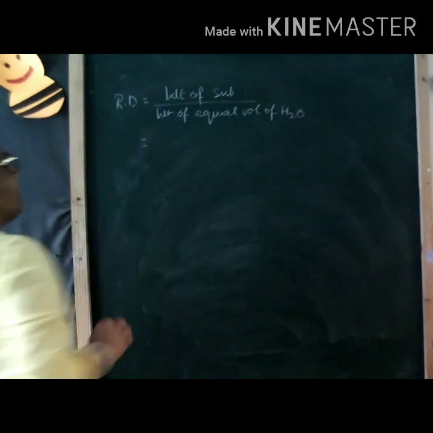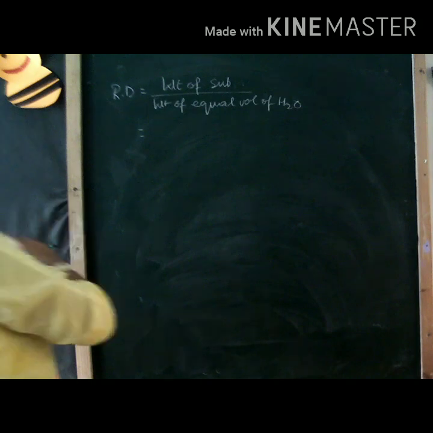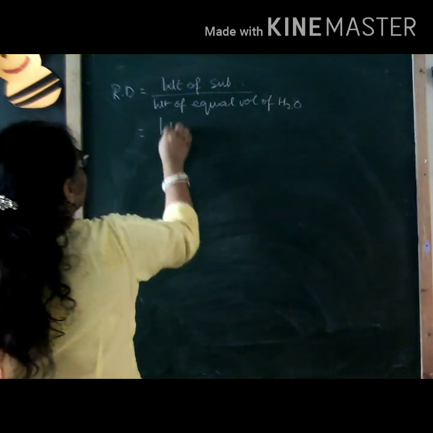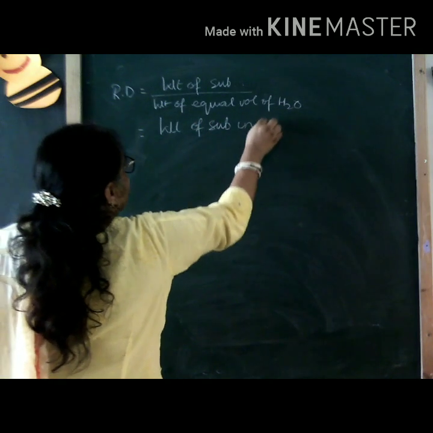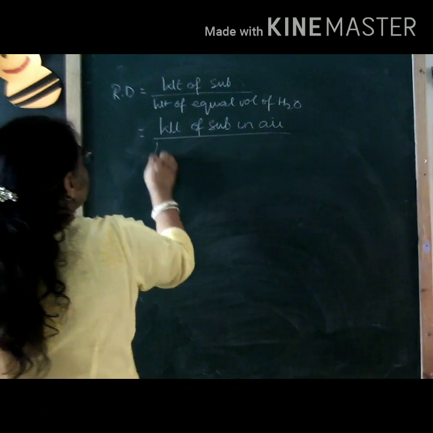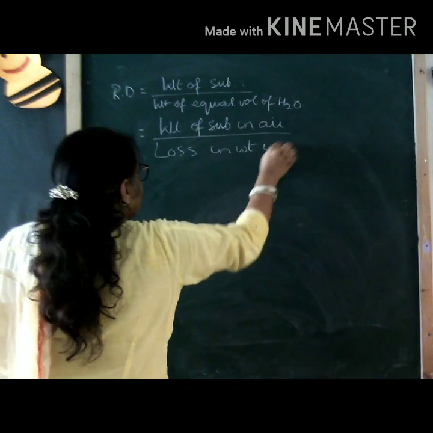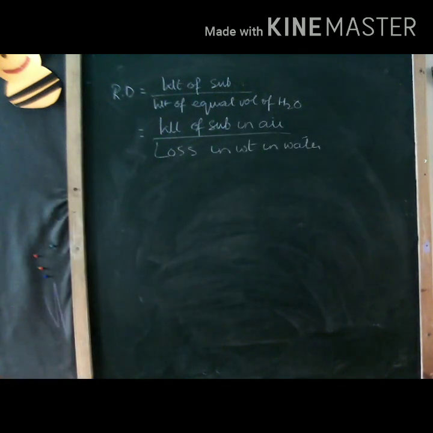Isn't it? Now see, if I take a solid and immerse it in water, then I told you there will be an upthrust which is going to be equivalent to the loss in weight. So over here, relative density is equivalent to weight of substance in air upon loss in weight in water, right?